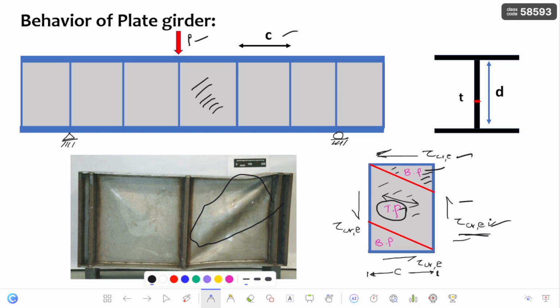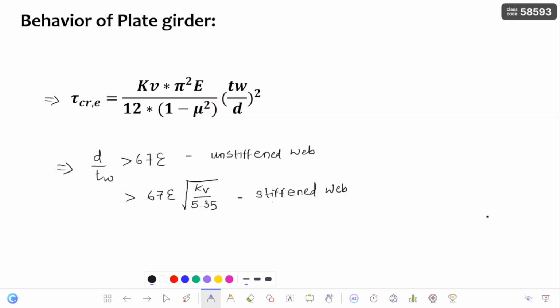But if you want to design for the tension field action, then in this case the web is going to buckle initially and reach the elastic critical shear stress, and the further strength is gained by the tension field action. So when we have to check for the shear buckling, you have these two conditions. Shear buckling can be checked whenever the depth to thickness of the web ratio is greater than 67 epsilon.